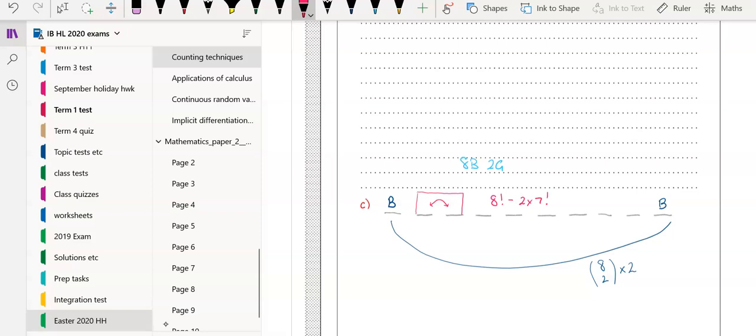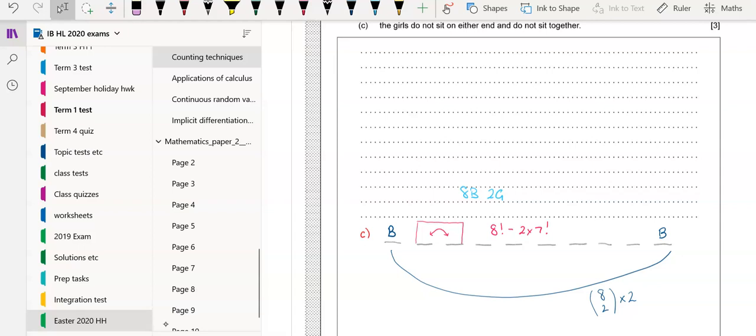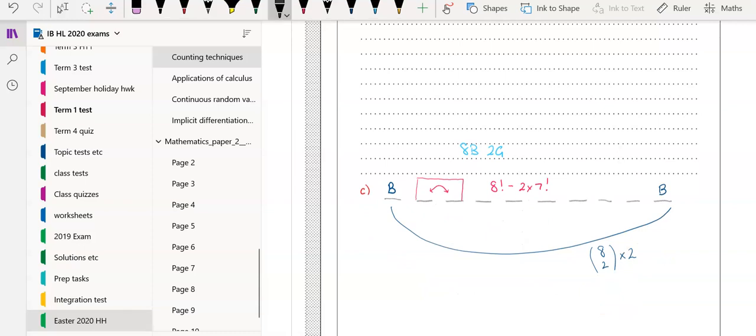So the total number of ways that the girls do not sit together and do not sit on either end is 8c2 times 2 times this 8 factorial minus 2 times 7 factorial, because for each of those 56 ways of placing those 2 boys, we've got all these ways of grouping the 8 students such that the 2 girls don't sit together.